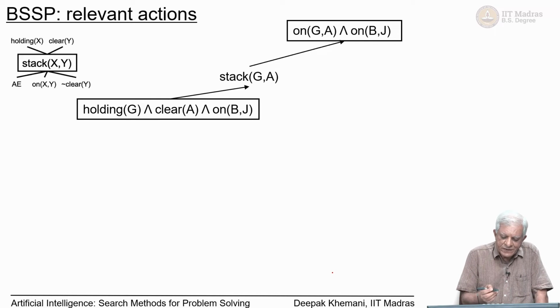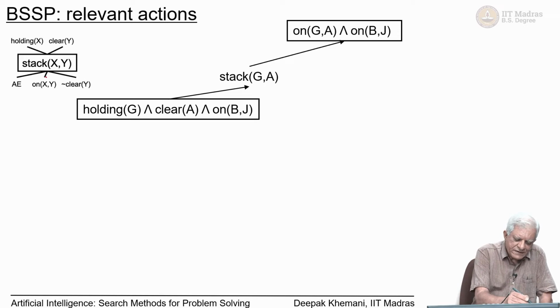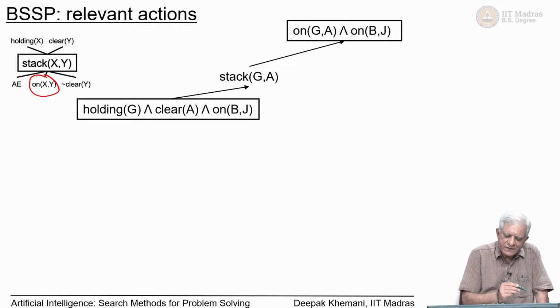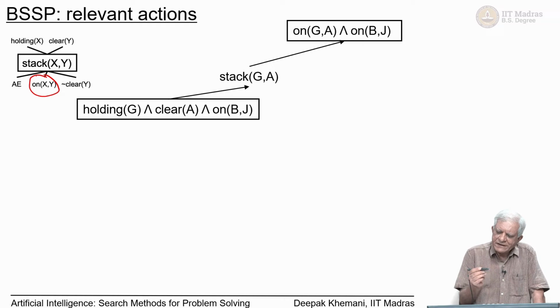So if you look at the stack operator, why is stack xy a relevant operator, or stack G from A? Because it has a post condition on xy, which is something that you want to achieve. There are two predicates of the kind on xy, on GA and on BJ. Remember that an action is relevant if it has a positive effect which is there in the goal.